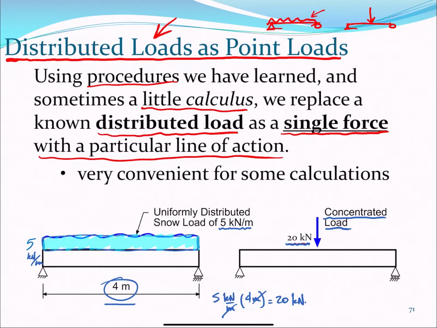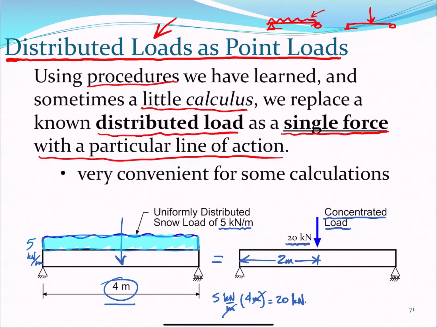And then where would you place this load? Would you place it just at half the beam? The point is that these are equivalent, or produce equivalent effects. Would you place this 20 kilonewton load at half of the beam, so 2 meters? What do you think? What does your intuition tell you?